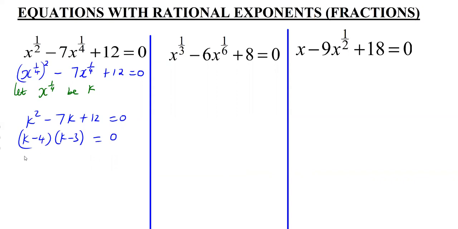So in this case, k is equal to 4 or k is equal to 3. Now what are we going to do? We go back to what we mentioned there: x to the power 1/4 is equal to 4, or x to the power 1/4 is equal to 3.